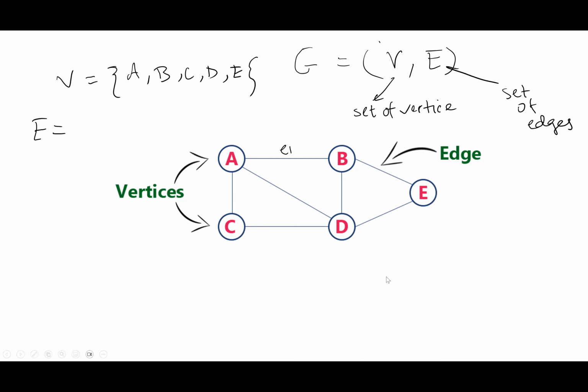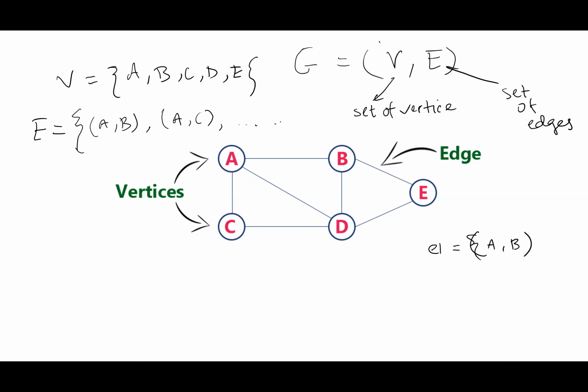Okay, so this is E1, this is E2. So we can say that E1 is actually this, right? Okay, so we can say that each of these edges, AB is an edge, right? And then AC is another edge, right?